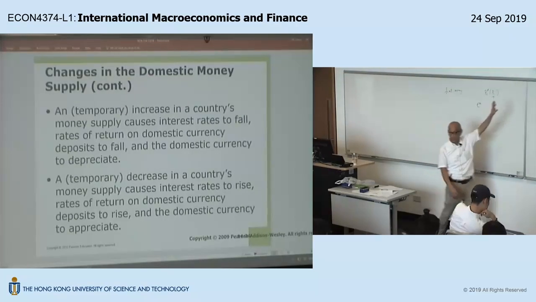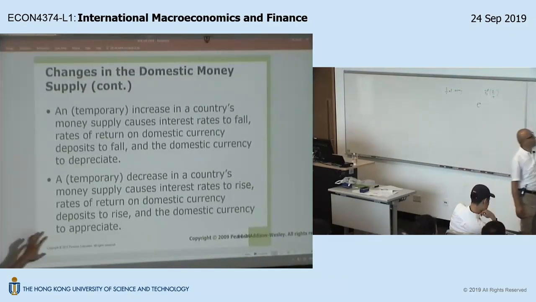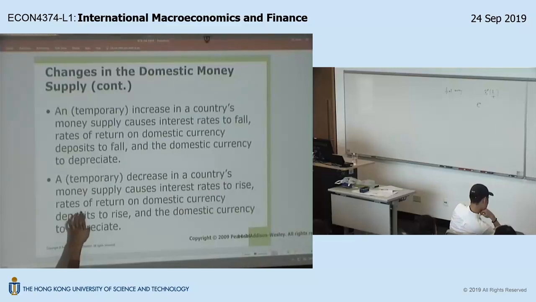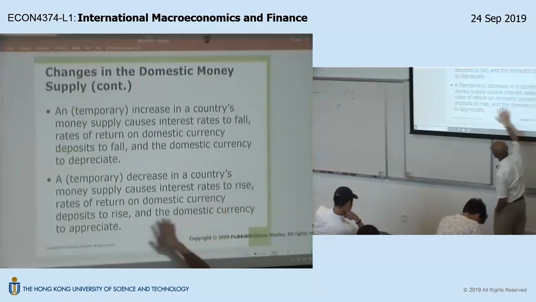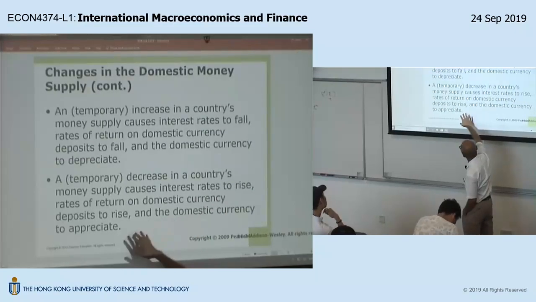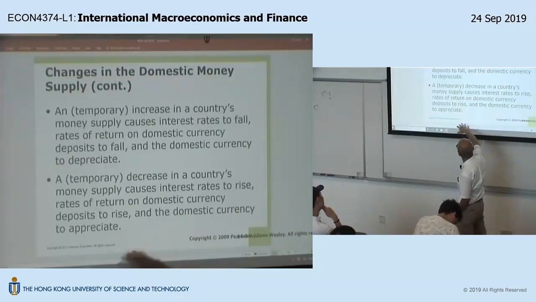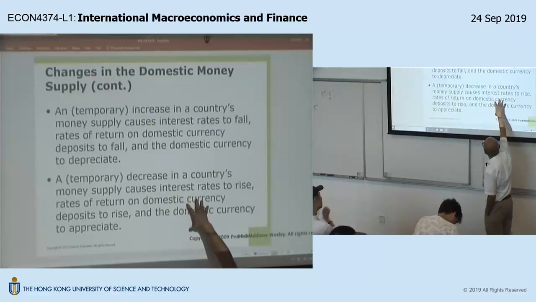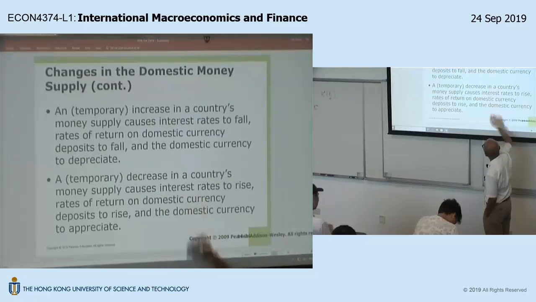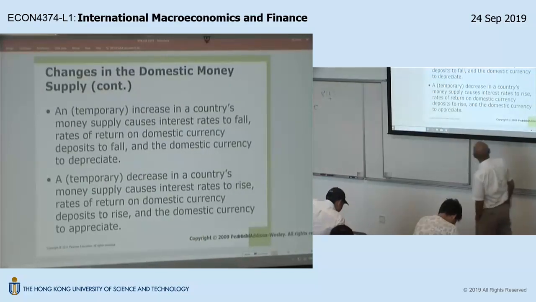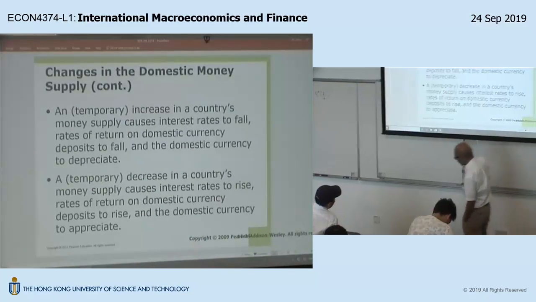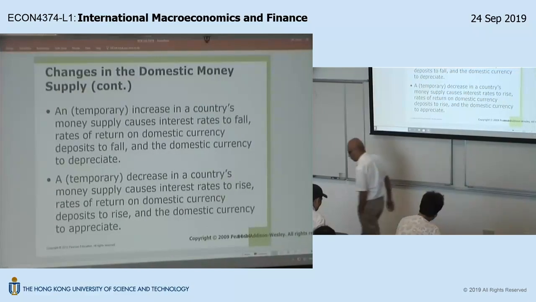Okay, that's the mechanism. A temporary decrease in the money supply, on the other hand, causes the interest rate to rise, the return on domestic currency deposits to rise, and the domestic currency to appreciate. So this is what I said here. When the Federal Reserve increases the interest rate, it will lead to an appreciation of the U.S. dollar usually.